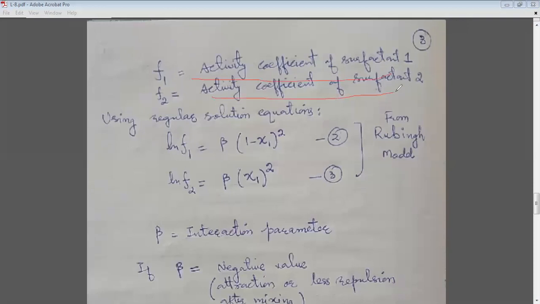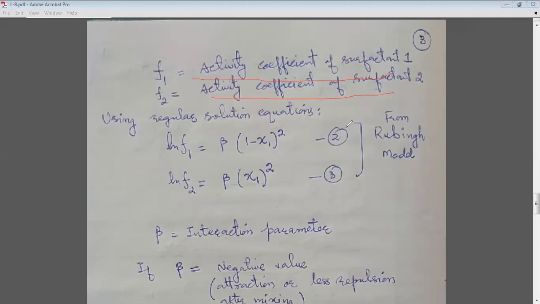We will now use another model that is sometimes called the regular solution equations. That is basically a model given by Rubin, which relates to this mixed type of micellization.